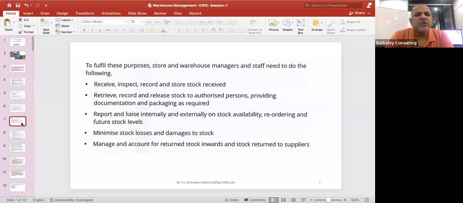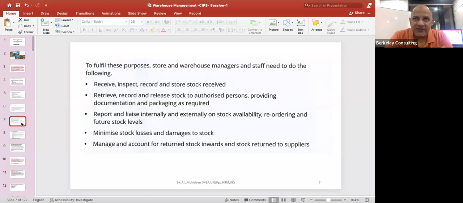to fulfill the purpose, store and warehouse managers and staff need to do the following. When we are receiving things, you have to receive, inspect, record, and store. Everything should be counted and inspected. When you receive, you have to make sure of the quantity and quality, and whether there are any damages or leakages. Everything should be checked and double checked.